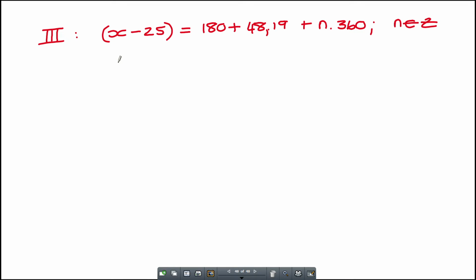Okay, so if I simplify that, 180 plus the 48.19 will give me 228,19, en dan vat ek nog die 25 oor, so plus 25 to that is going to give me 253,19 plus n times 360.